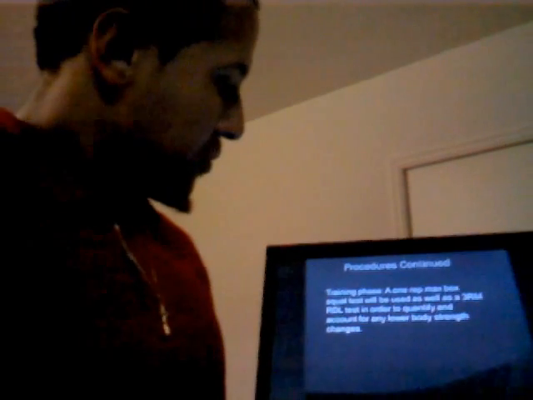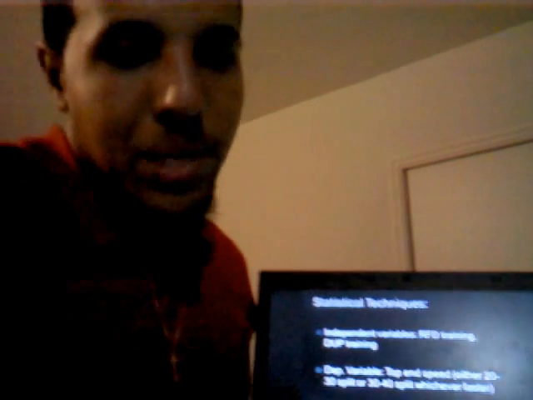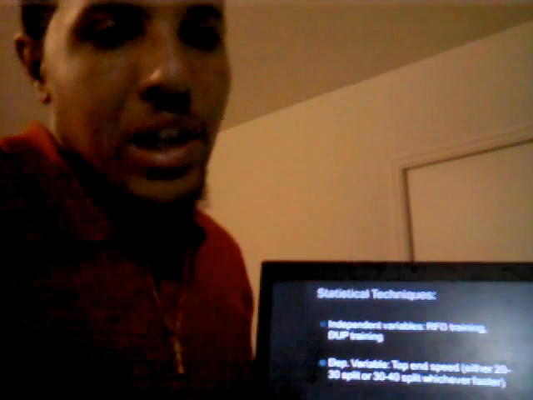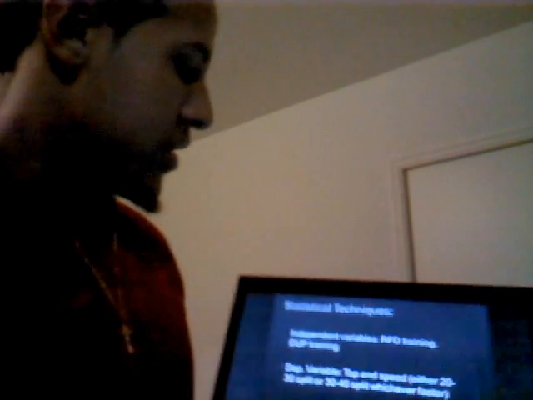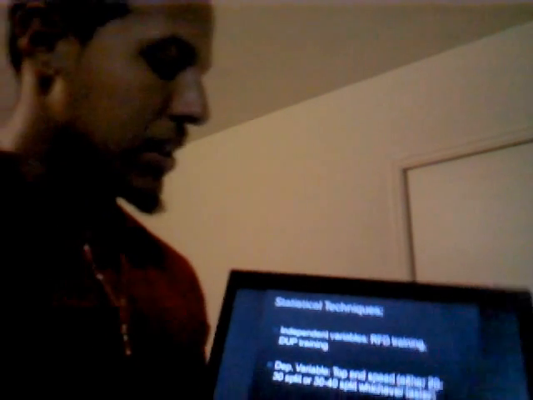So the independent variables in my study would be the rate of force development training and also the DUP training, and the dependent variable would be the top end speed.